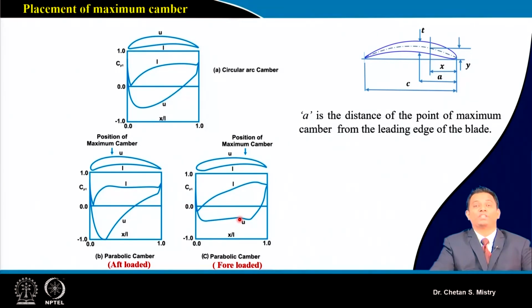They say this is the CP distribution I am expecting from this aerofoil, and based on that, initially they assume some aerofoil and do inverse design. That means that based on the shape of my aerofoil, we are getting a CP distribution.